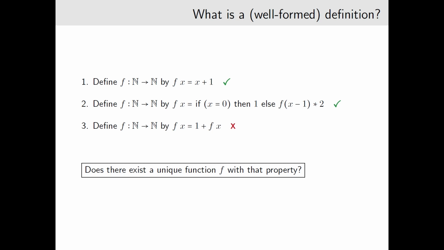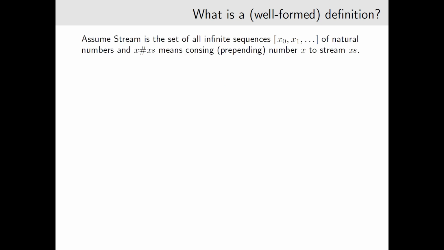So if we just apply this criterion, there exists a unique function with that property. We see that in the first two cases, this is true, and in the third case, this is false. There's no function on natural numbers with that property. Good.